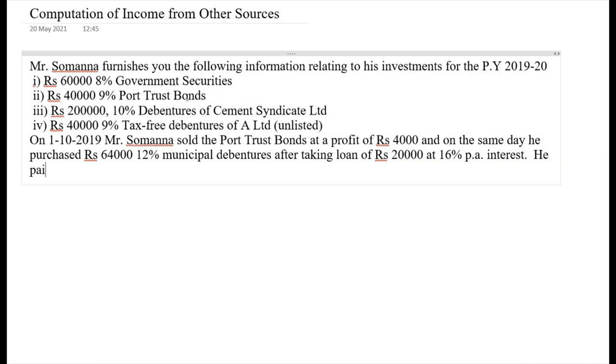He paid a commission of rupees 200 to a broker on purchase and sale of investment.